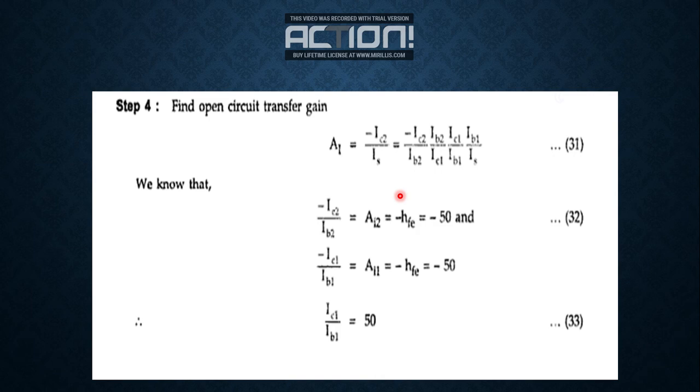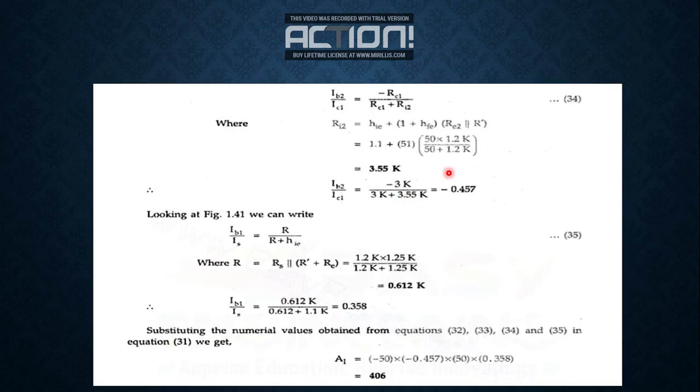That's what is important. Here they also have done it the same way that we have done, but the approach will change, because in the previous problem we found the GM, but here we are finding AI, which is nothing but the current gain, that is the overall amplifier gain. And they have done some calculations.